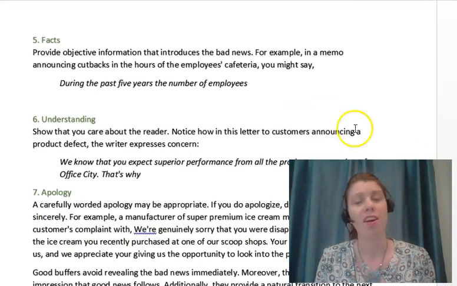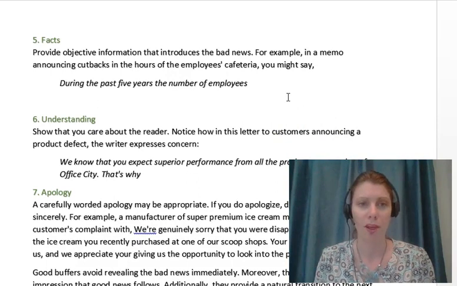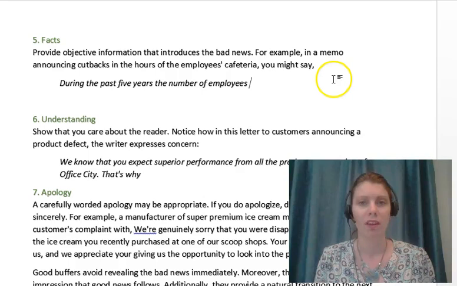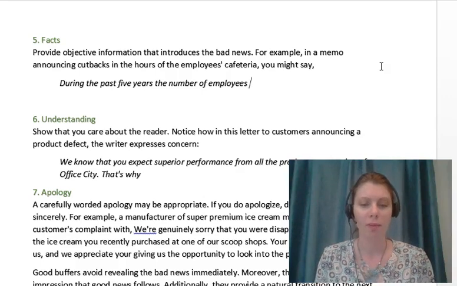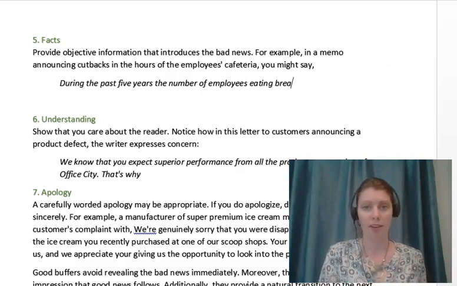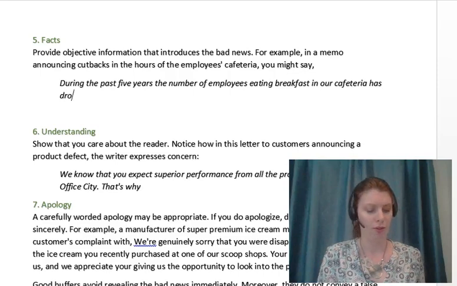Then there's starting with facts. So provide objective information that introduces the bad news. For example, in a memo that might announce cutbacks in the hours of the employee cafeteria, you might say, during the past 5 years, the number of employees eating breakfast in our cafeteria has dropped from 32% to 12%.